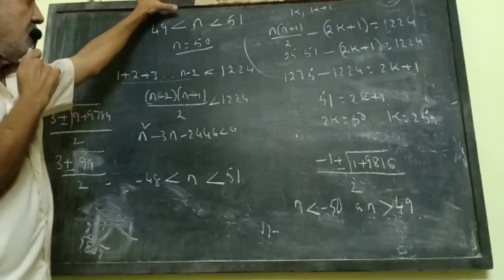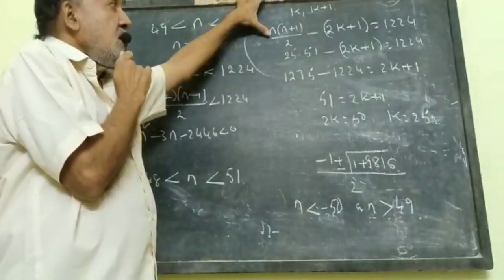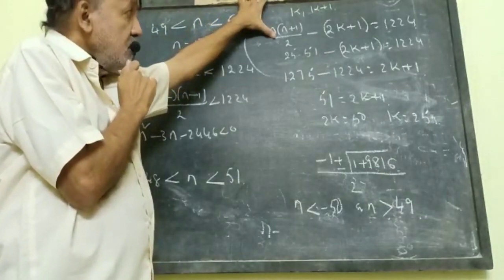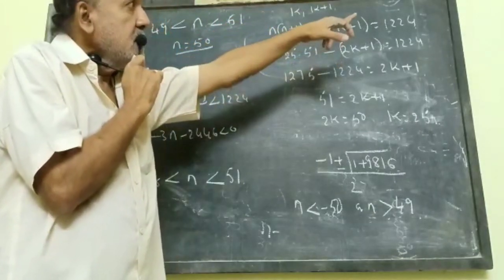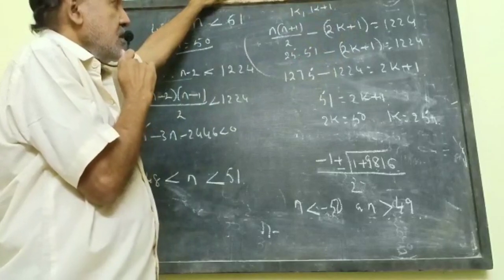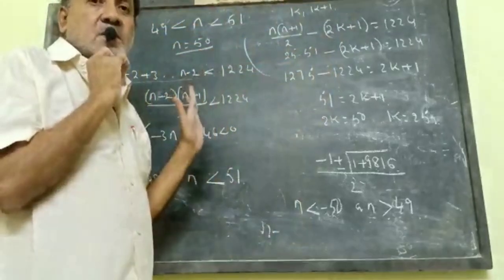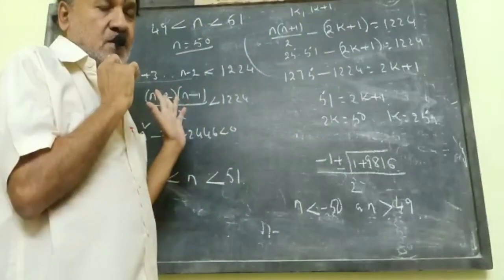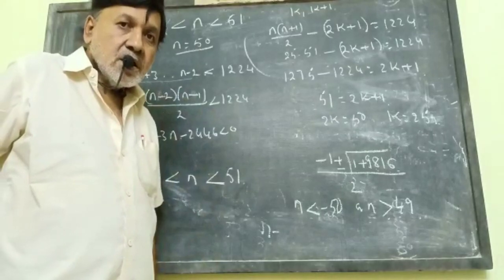So therefore you got n equal to 50. Next point is n into n plus 1 by 2, the total sum, minus the removed numbers' sum is equal to 1224. So substitute the n value, get the k value. This is how you have to tackle this problem. I hope you understood this problem. Okay? Right.